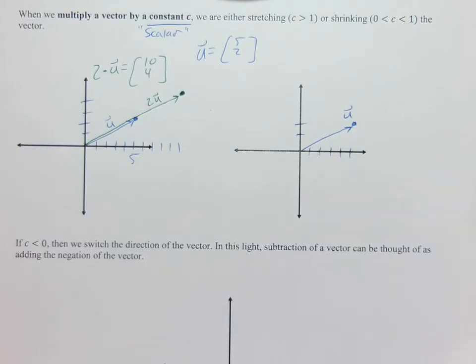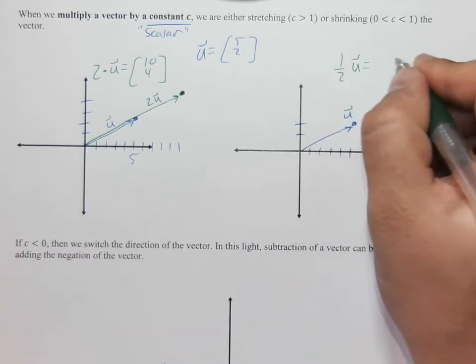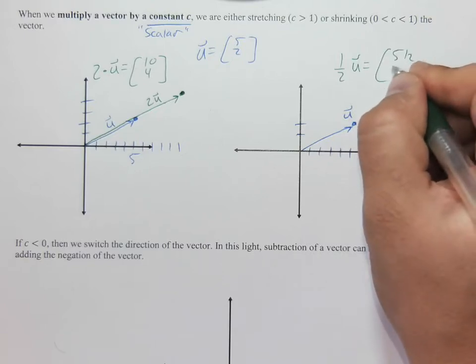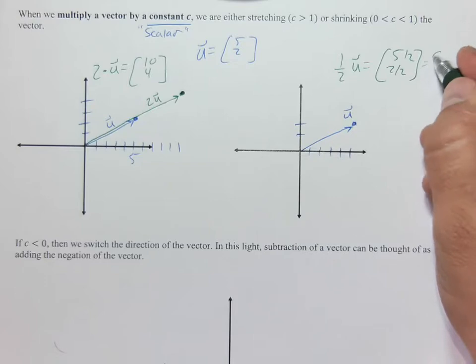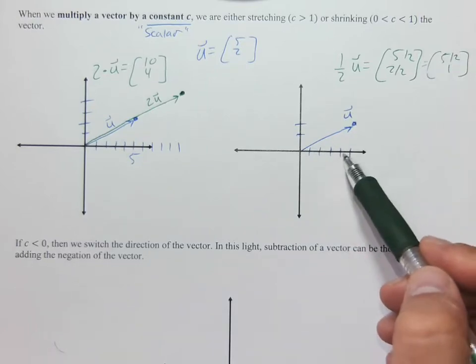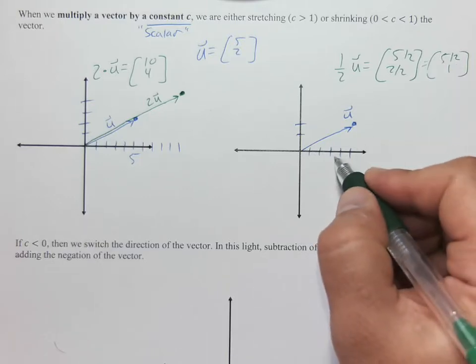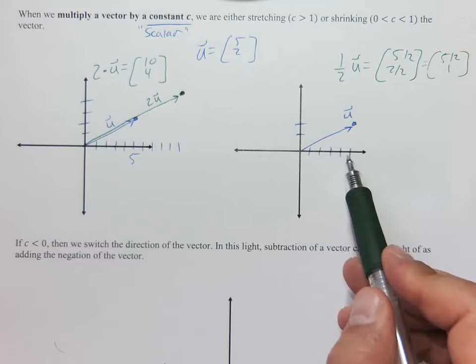A similar thing happens if we multiply by a value less than 1. It gets shorter. If we looked at 1/2 u, that would be (5/2, 1). Let's look at what that looks like. 5/2 is 2.5, so that would be... did I make this go out too far? 1, 2, 3, 4, 5. No, it's okay.